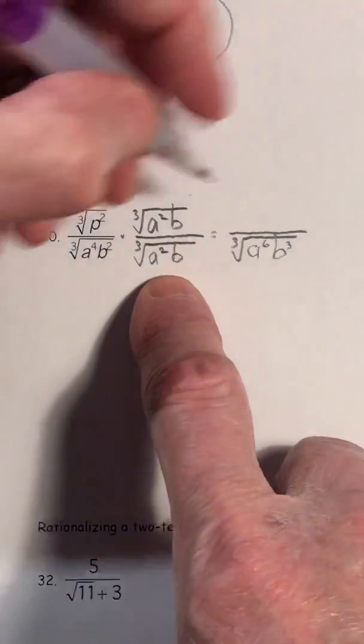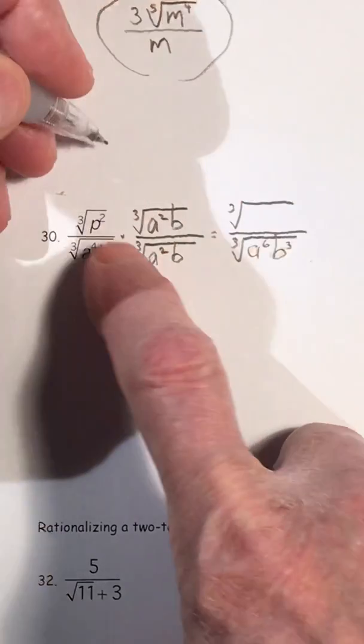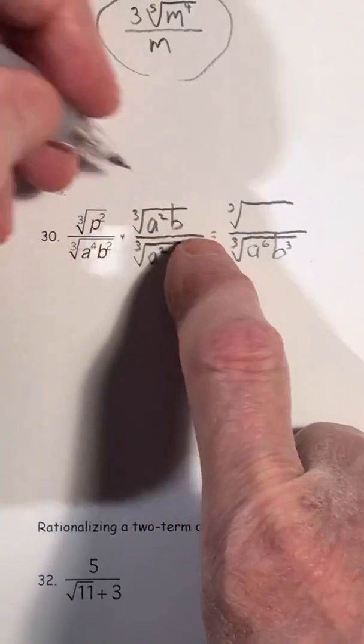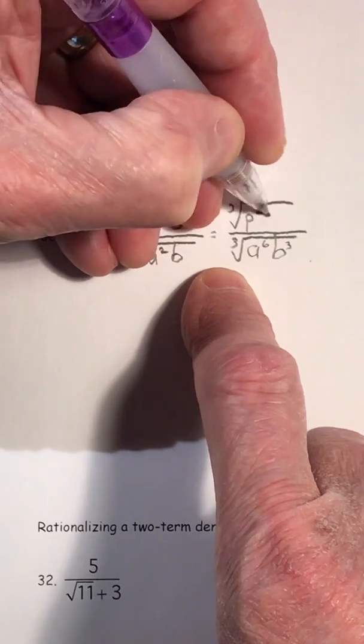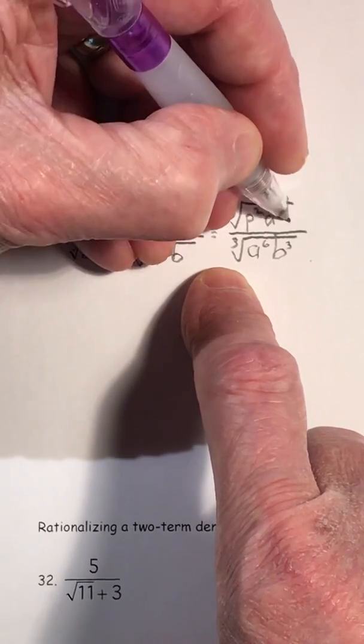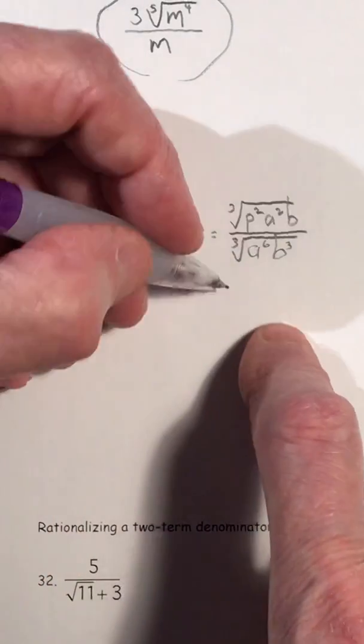And in the numerator, it's the cube root of, what do we have? P squared, a squared, b. Okay, nothing else we can do with that.